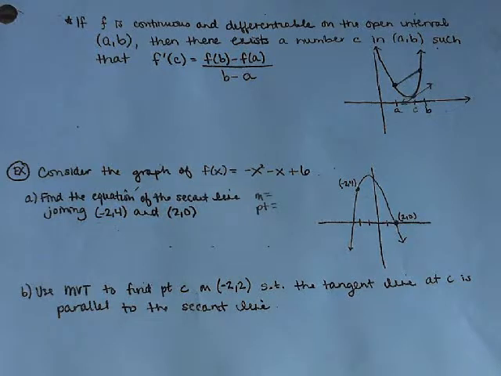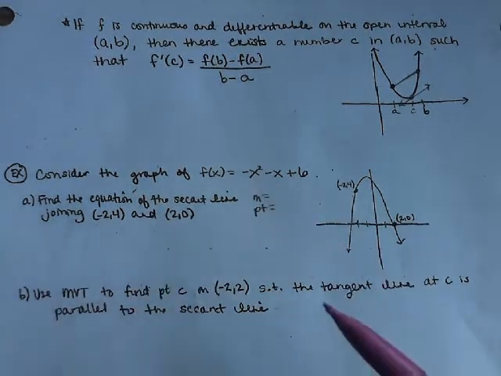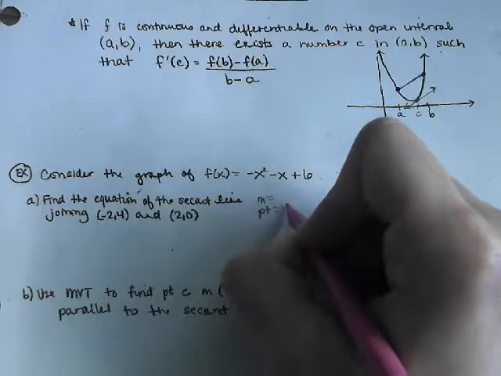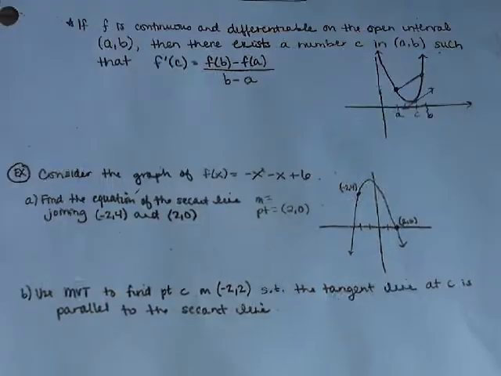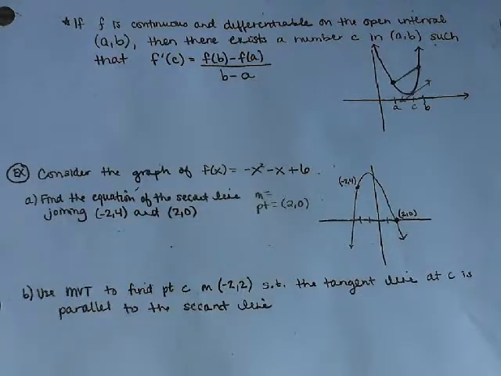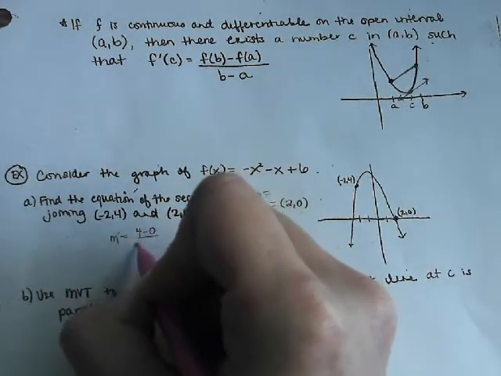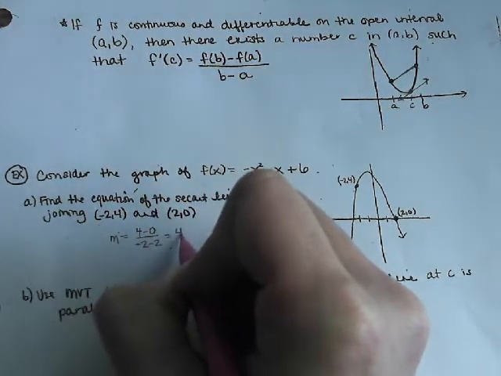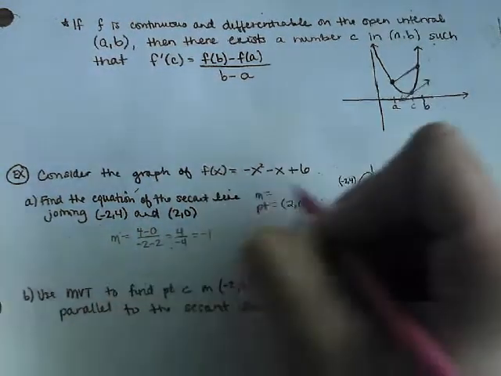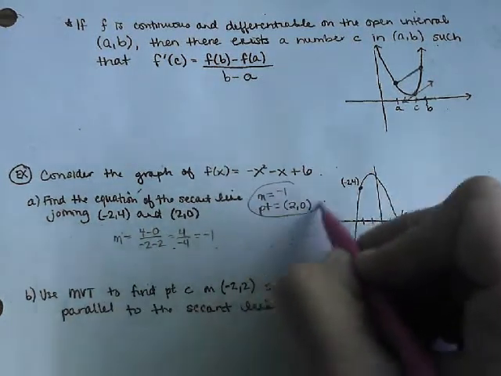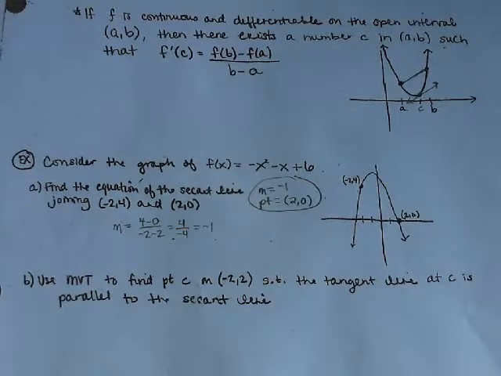Okay, so we obviously have 2 points to choose from. I'm going to pick 2, 0 just because working with 0 usually makes everything easier. And then we just have to quickly calculate the slope here. We have our point and slope, and we plug into the point slope formula.